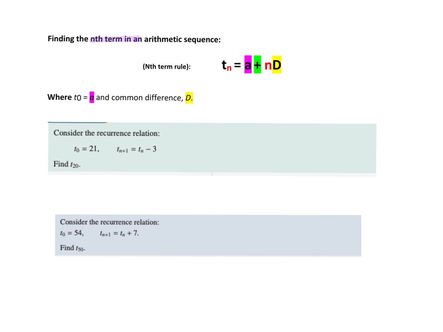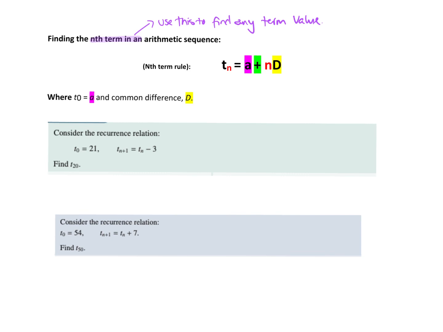So you use this to find any term value. So if I was going to ask what is T100, you don't want to be sitting there clicking in your calculator 100 times to get to it.